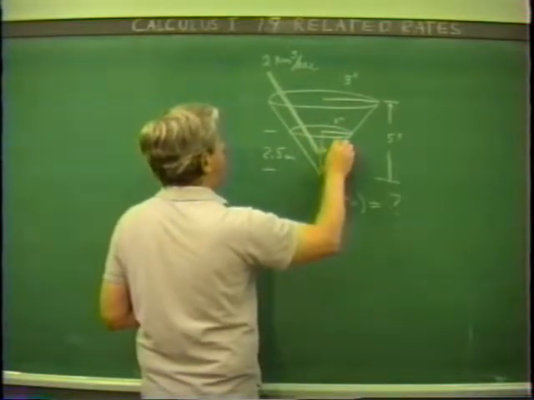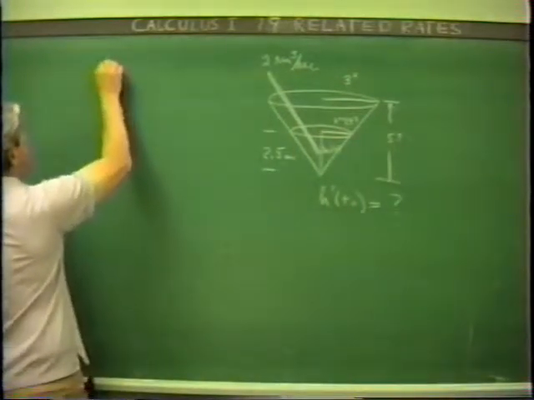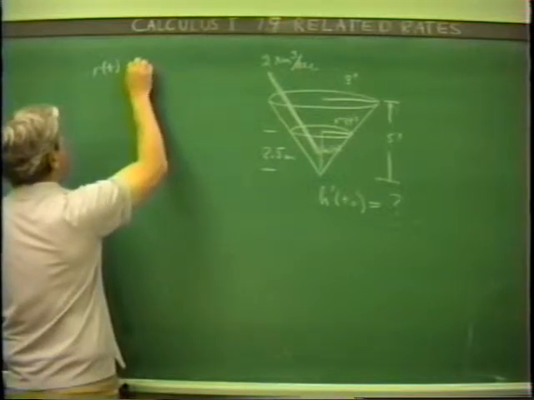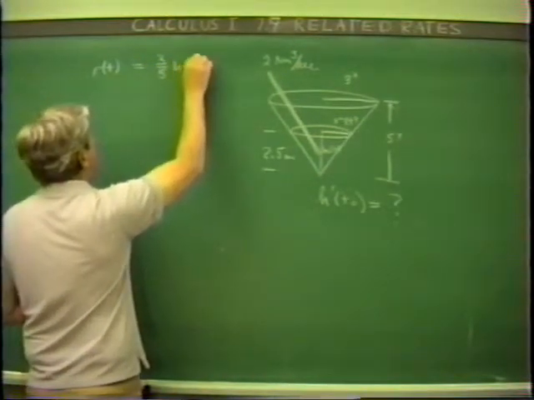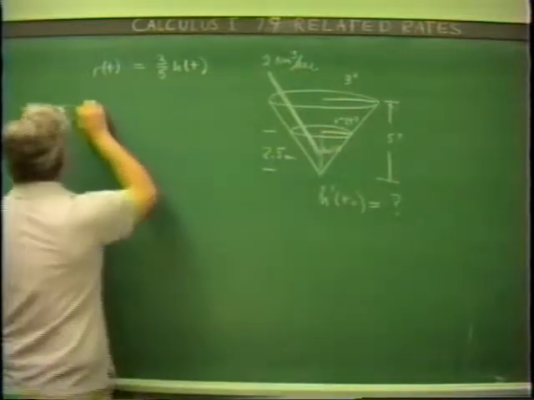So if this is r at any time t, and this is h at any time t, then we have that r of t over h of t is 3 to 5. So r of t is 3/5 h of t at any time t. Right?